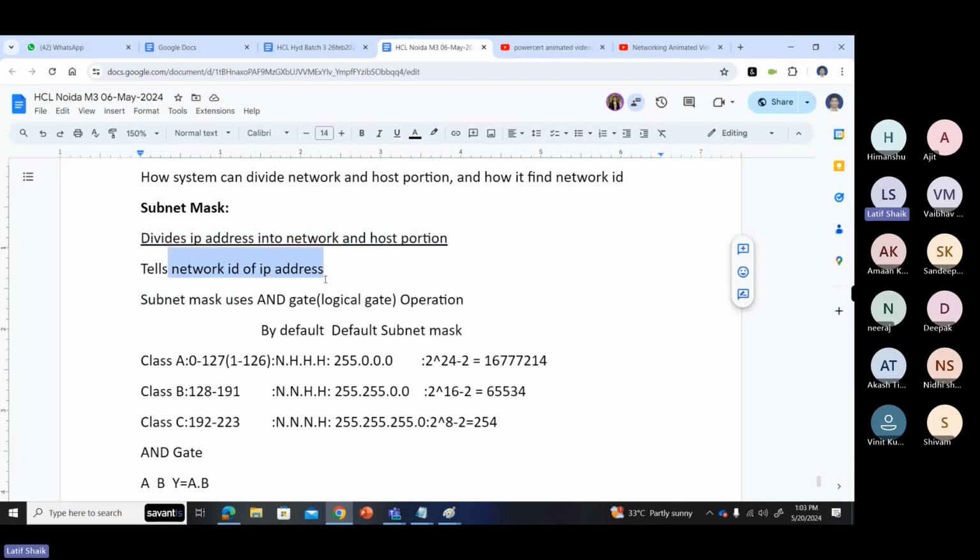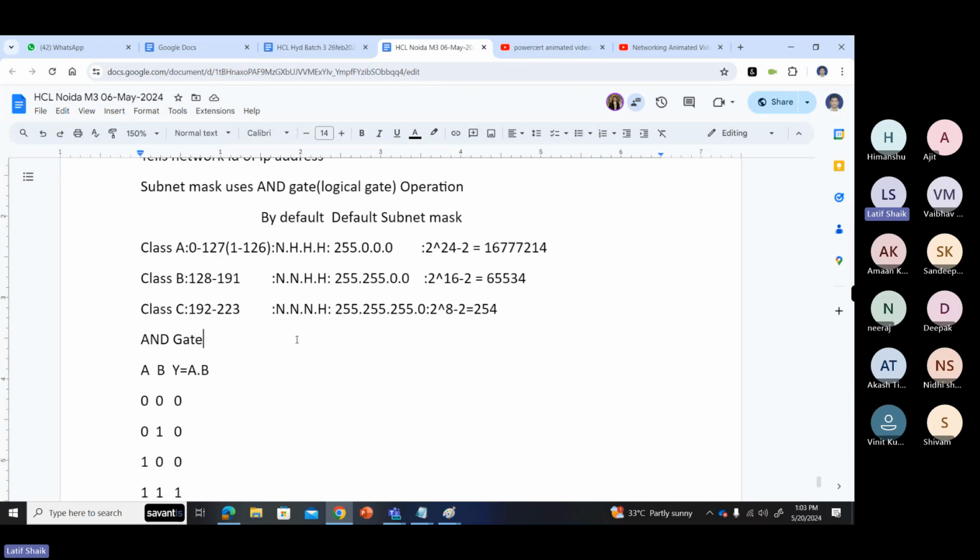If the network ID matches between the devices, they will communicate with each other. If it does not match, they won't communicate in the direct local network.